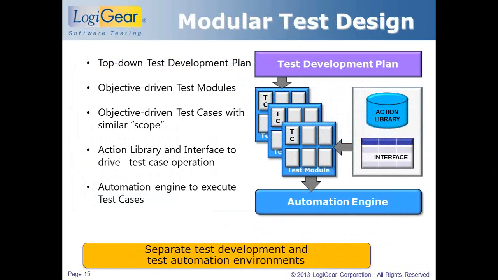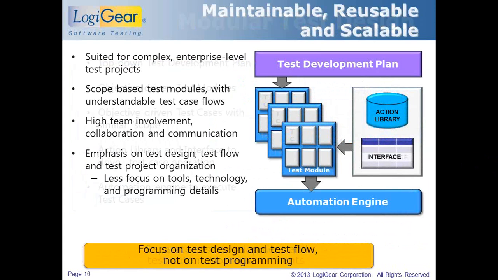So in TestArchitect, one of the differentiations is the target for the application under test is in the automation engine, and the tests themselves are in the test development engine. And so separating those two also helps you get to automation much faster, to be able to separate the business level test objectives from the platform target that it's going to.